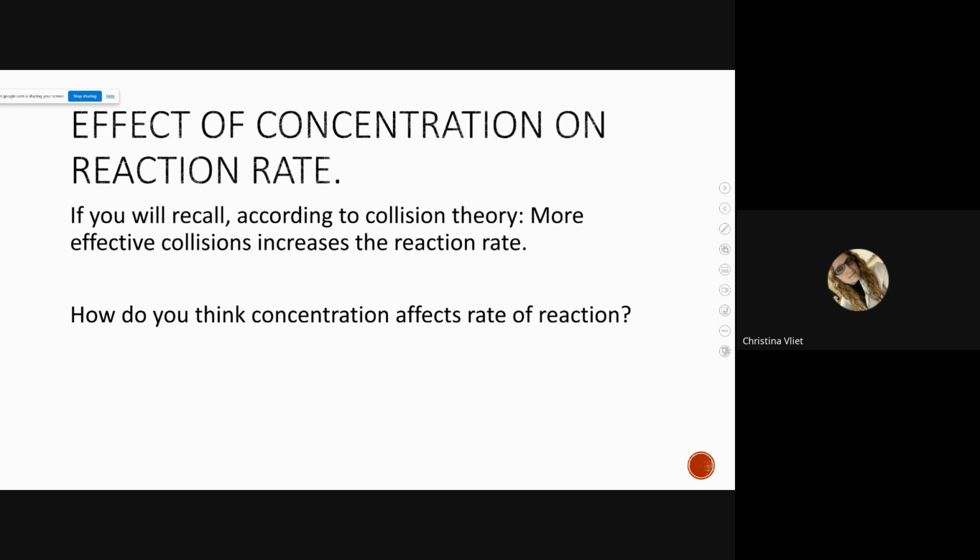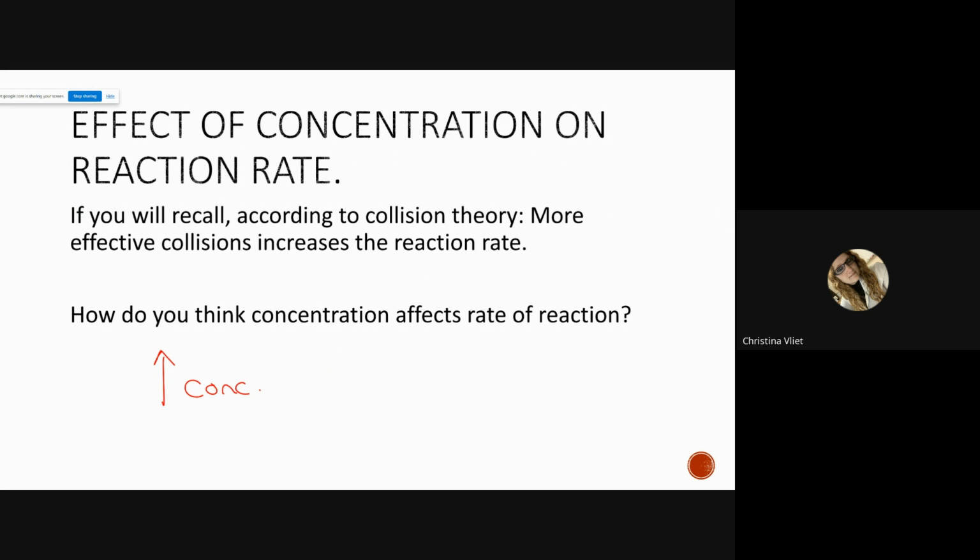Let's talk about effective concentration on reaction rate. If I add more reactants, will this affect the rate of reaction? Yeah. That makes sense. If I increase the concentration of what could potentially be colliding, they will collide with each other more frequently.